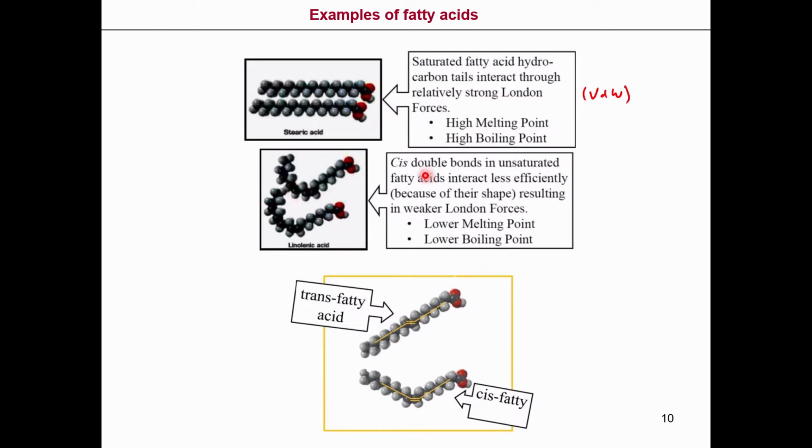When you have a cis double bond in the unsaturated fatty acid, this fatty acid interacts less efficiently because of its shape. So you have less van der Waals interaction, so the melting point value will be lower, and also the boiling point value.